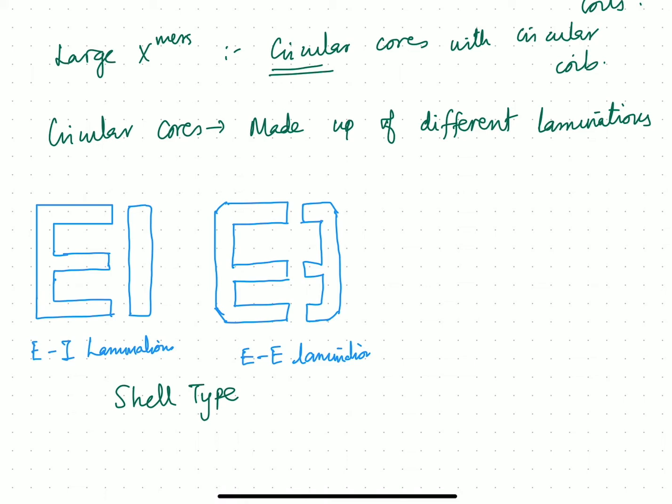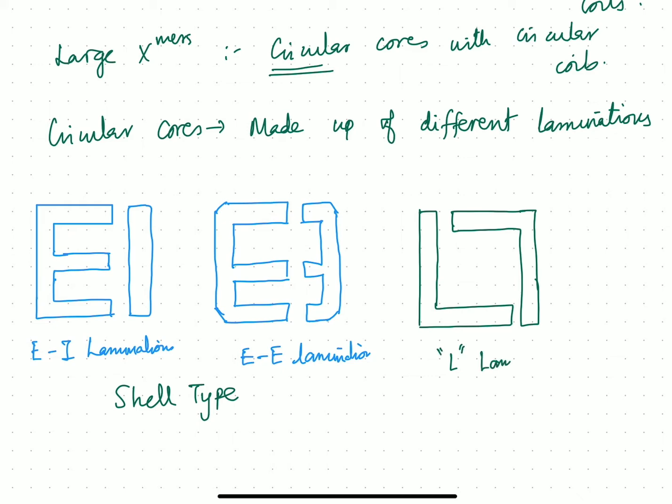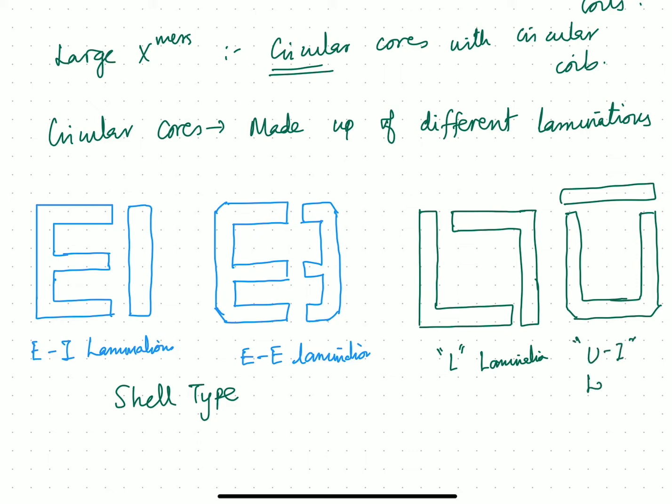And then of course you have the L type laminations, and you have the UI type laminations.